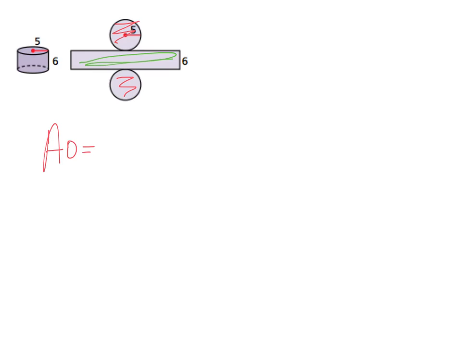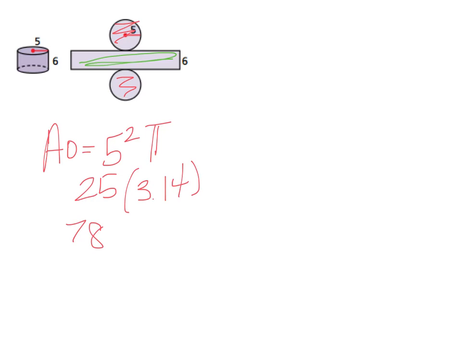They tell me that the radius is 5, so we're going to do 5 squared, or 25, times 3.14, and we can change that to 78.5. Now again, I have 2 of those, so I multiply this by 2, which gives me 157. And if we want to include units squared, we can.